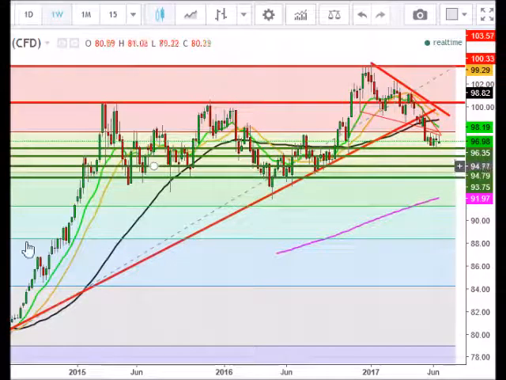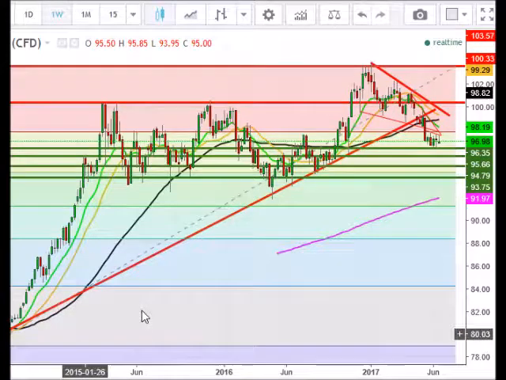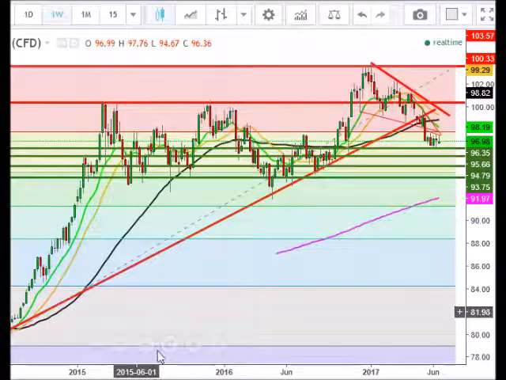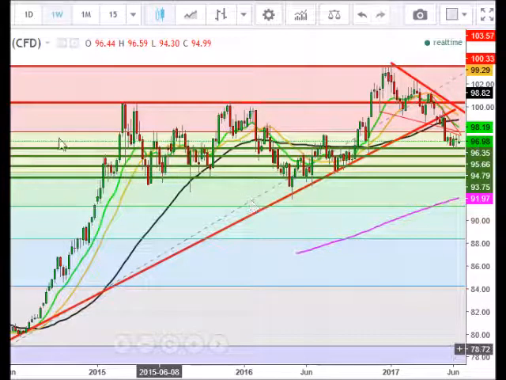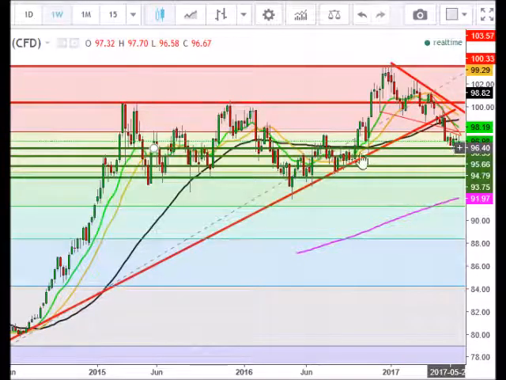Okay, and here's a bigger look of things. This is the weekly chart, and you can see that we're below this 23.6 level here, and we've broken below, and now we're trying to build support here. However, in the grand scheme of things, usually when this first level is broken, you end up coming with a test of the 38% level.